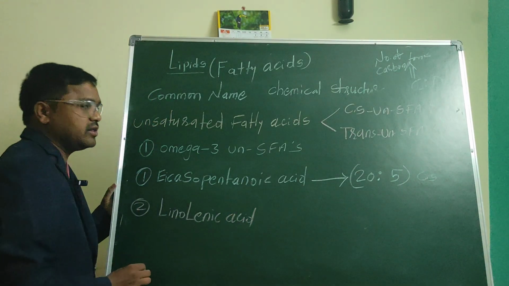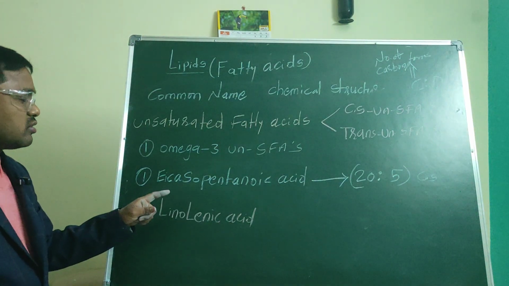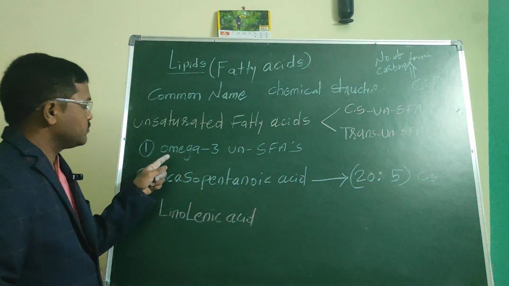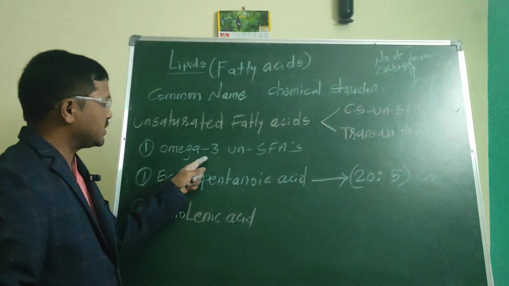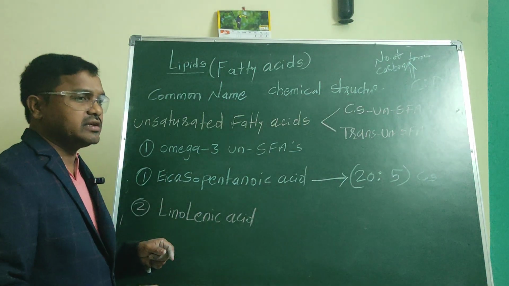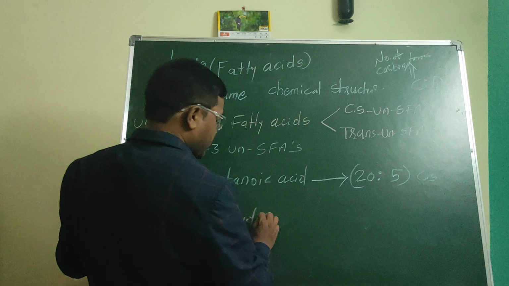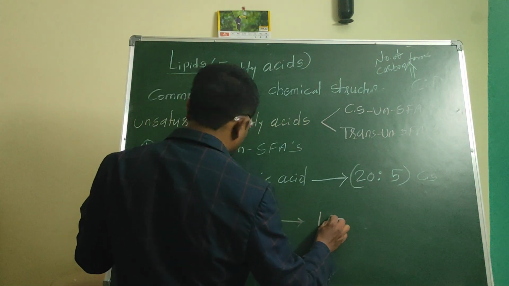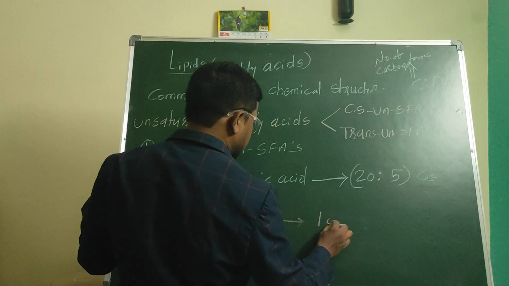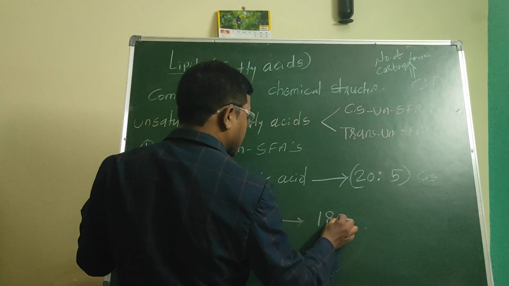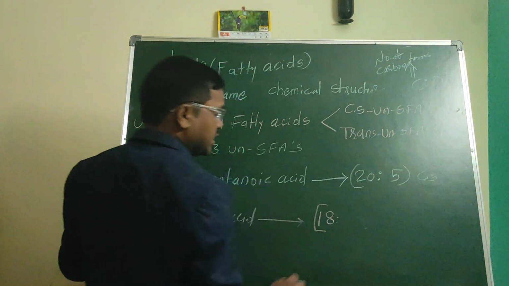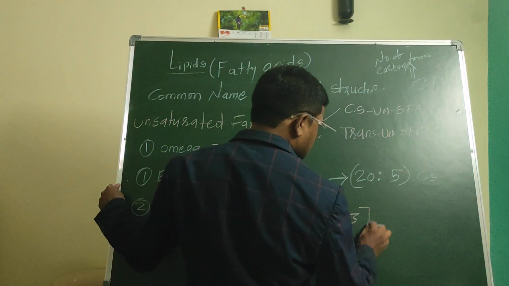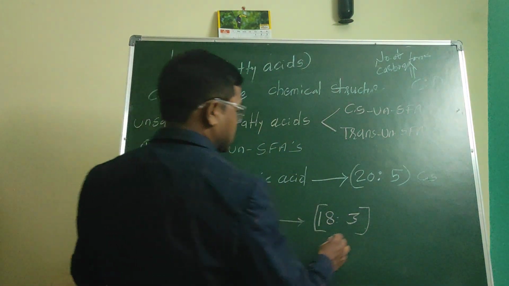Linolenic acid is also part of the omega-3 unsaturated fatty acids. The number of carbon atoms in linolenic acid is 18, the number of double bonds is 3, and this is cis.